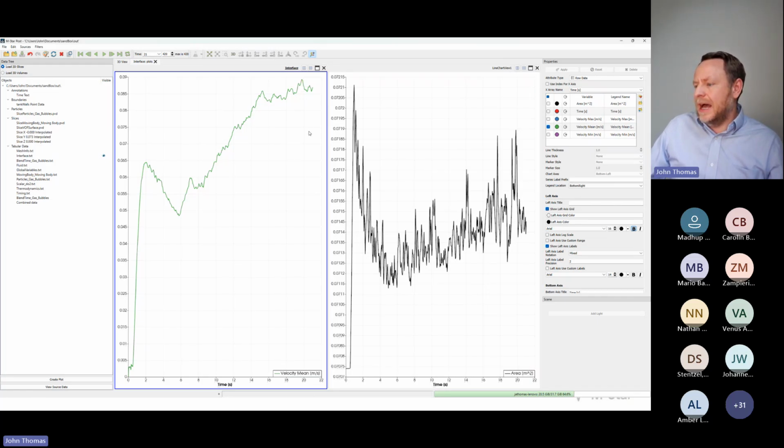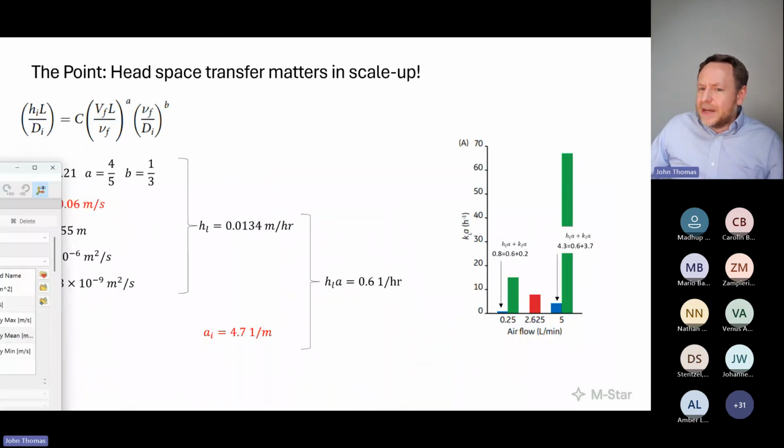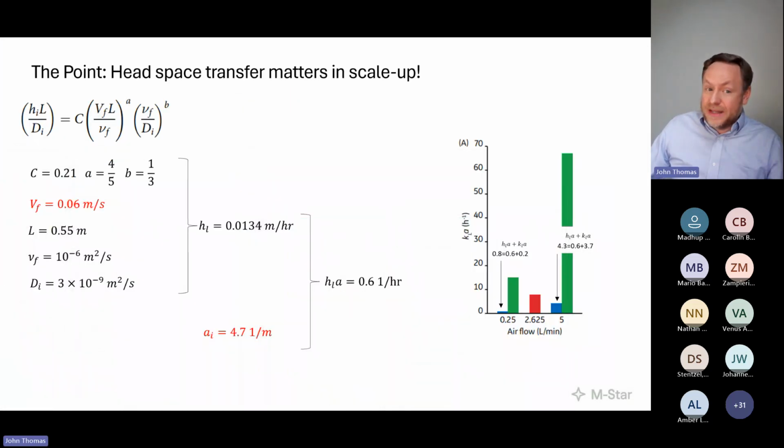As I mentioned, I've got a pretty reliable correlation, at least one that spans a couple orders of magnitude, to try to predict what this corresponding free surface transfer coefficient is. So I'm going to use 0.21 because I got it on good authority. It works pretty well.